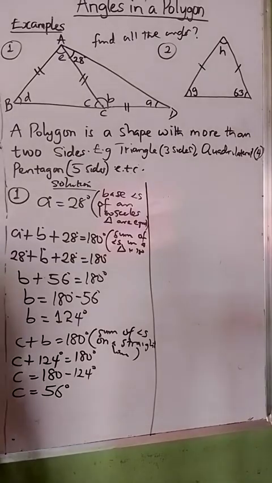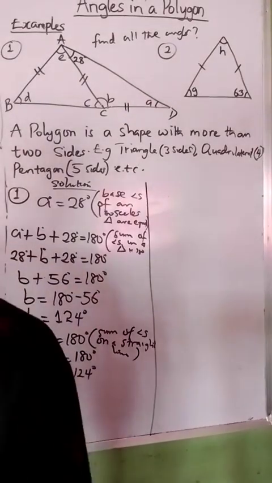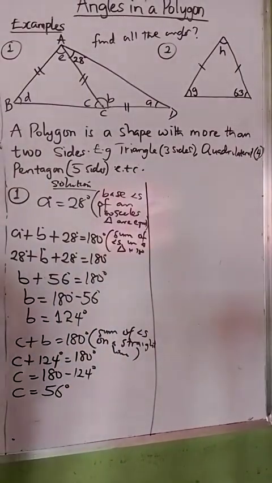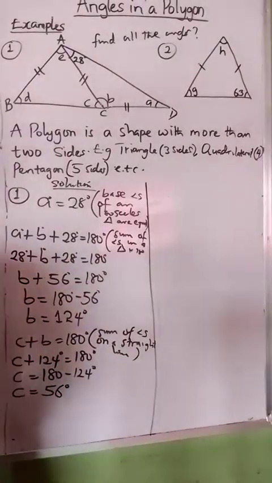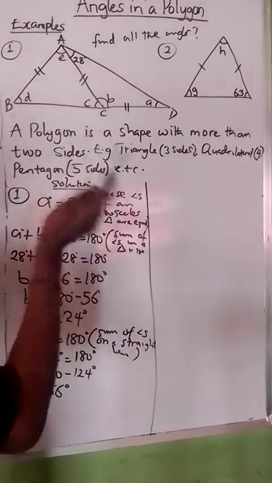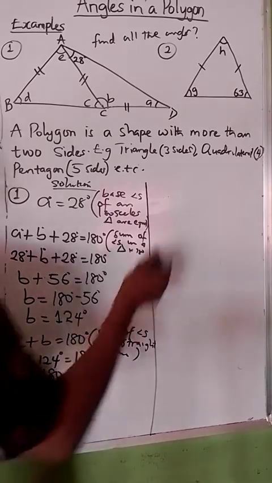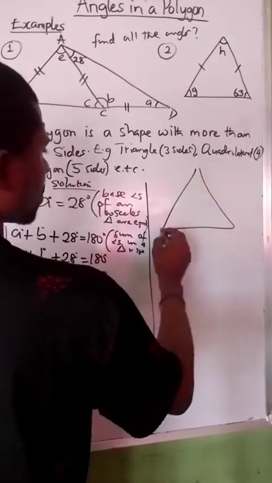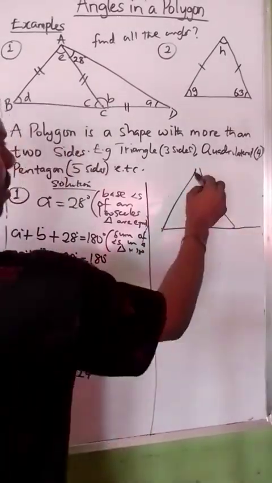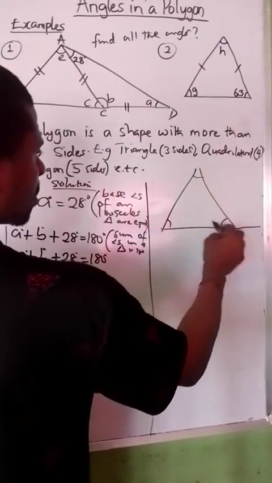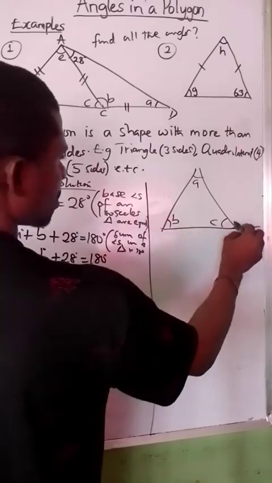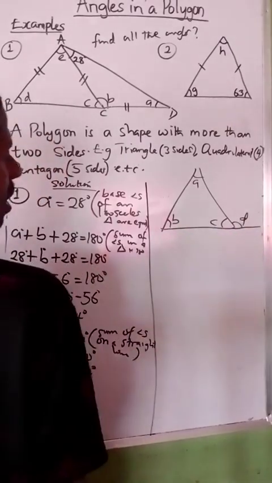Oh, there is another rule, but I won't give it to you now. Okay, let me tell you. There are so many ways you can solve it. There's another rule in triangles. A, B, C. You know, these are going in a straight line.